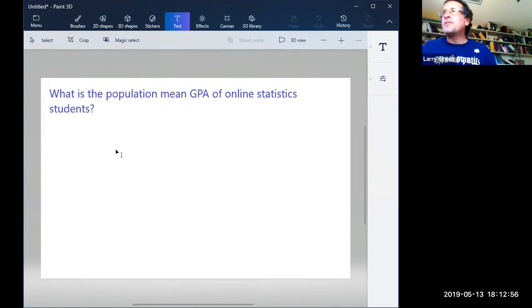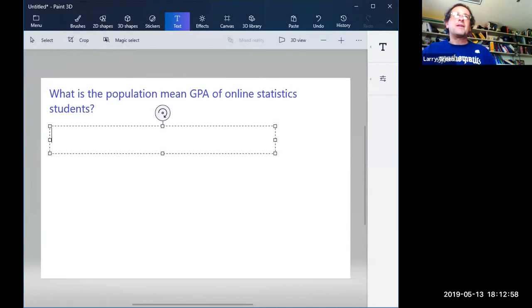And let's see what we got. 2.9, 2.63. Wow, it's pretty good. You actually know. That's with 2 decimal places. That's not bad. 4.0, not bad. 3.6.